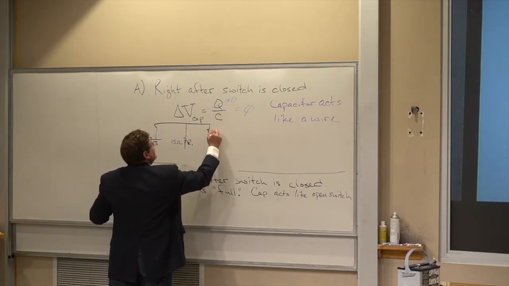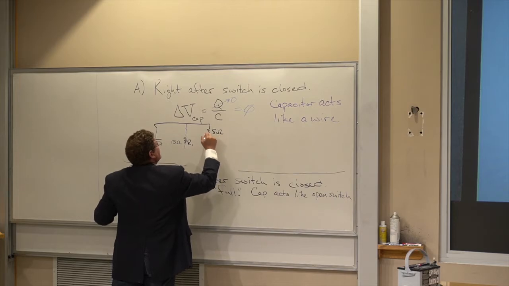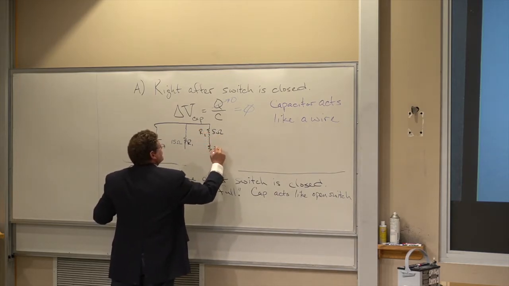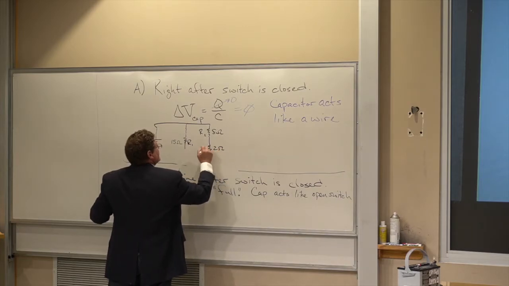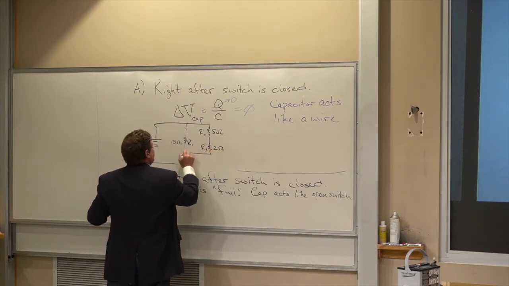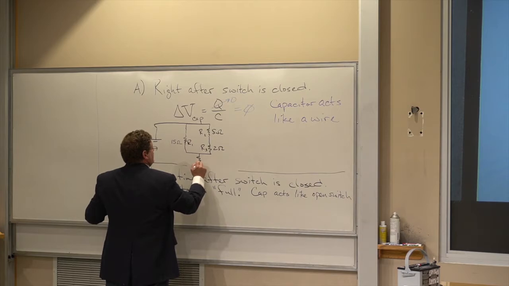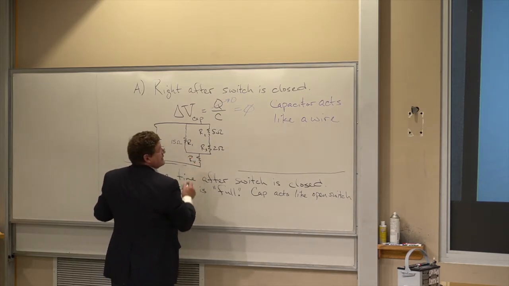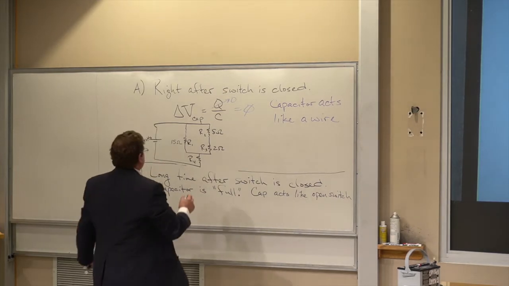And then I have an 8 ohm resistor, and that's R2. And then I have a 2 ohm resistor, and that's R3. And then I have R4 that is 30 ohms.